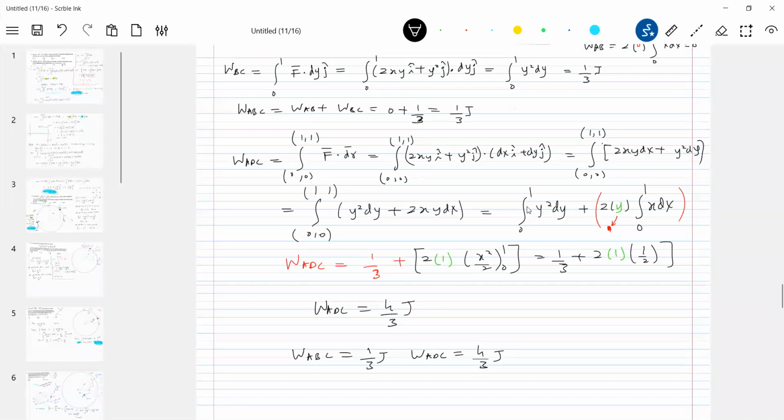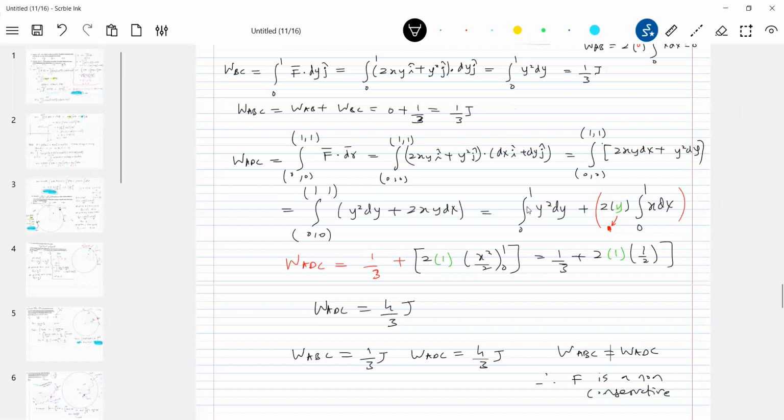It's non-conservative. Therefore, F is non-conservative. So that is the method to justify whether a force is conservative or non-conservative. You should integrate along a path. You have to pick up a path.